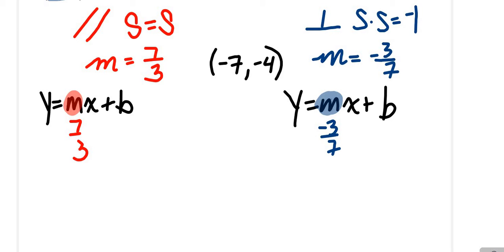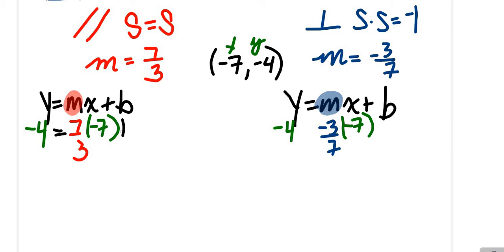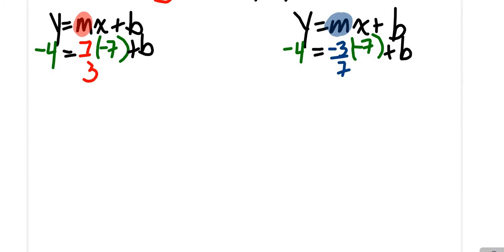And then our x and y point, x on the left is going to be -7, y is -4, x here also -7, and y is -4. Equal sign plus b, equal sign plus b. Our goal is to solve for the y-intercept for both.